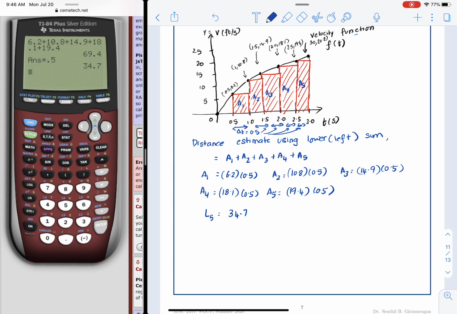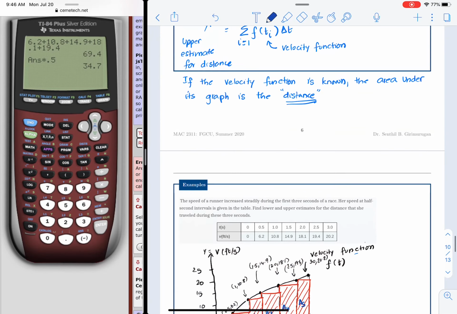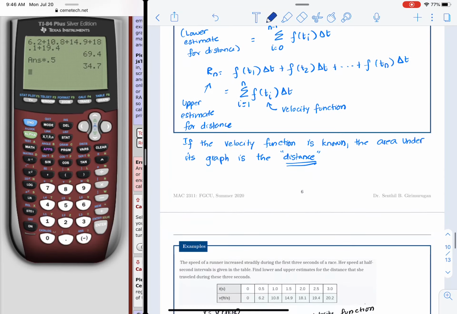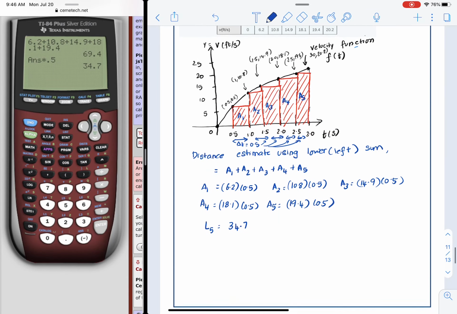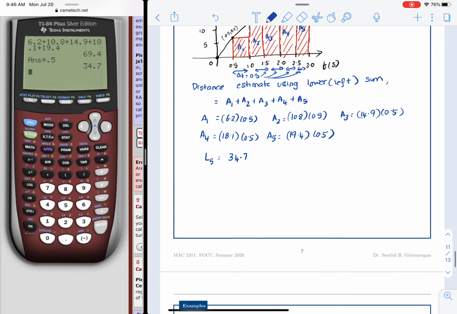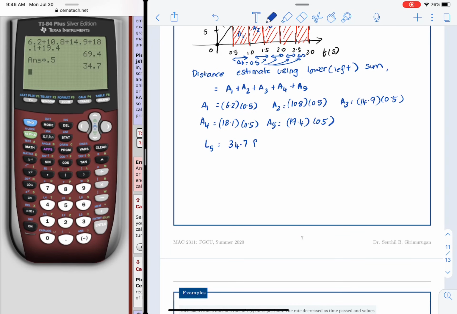Now, if things moved in a linear fashion, we wouldn't have to go through this, because the slope of that line could easily relate the velocity to the distance. But it's not linear here, which is why we're taking this approach to find the distance traveled. So the distance traveled, the lower estimate, is simply 34.7 feet.